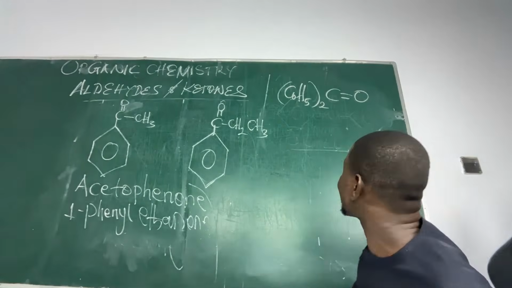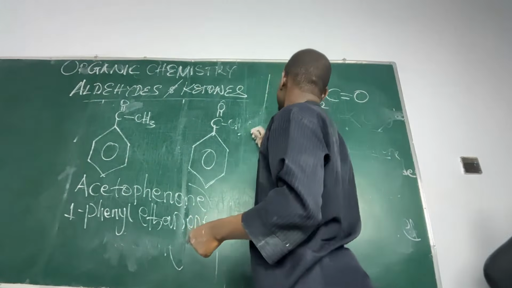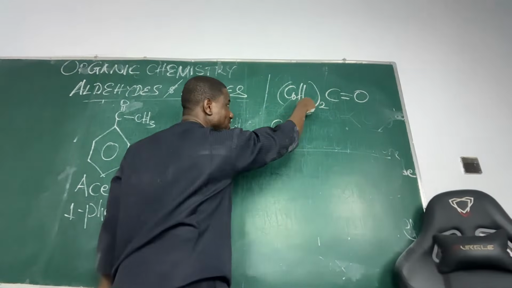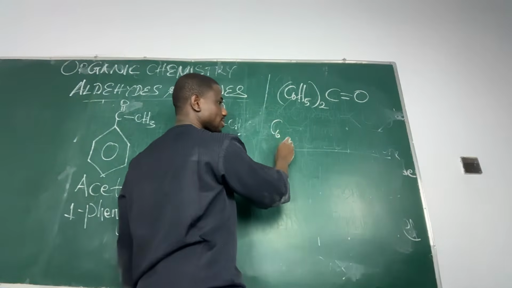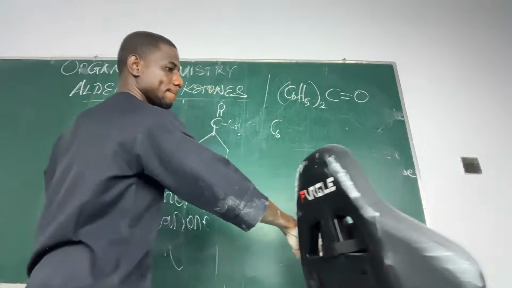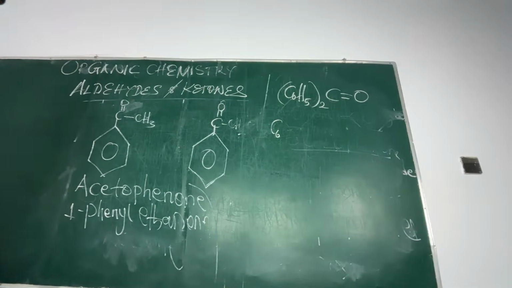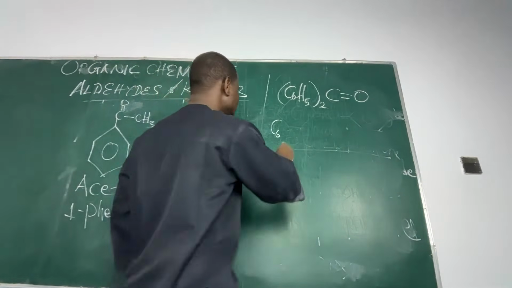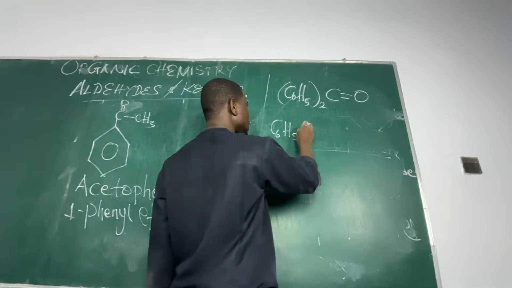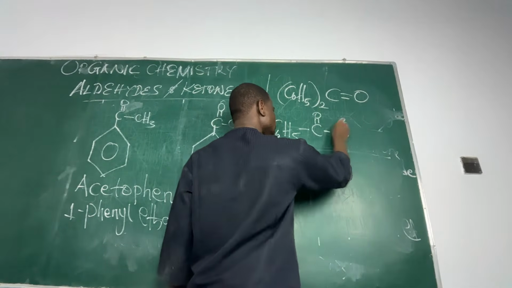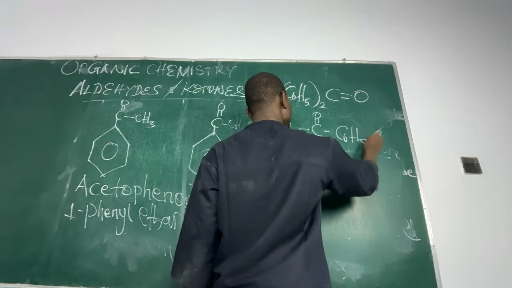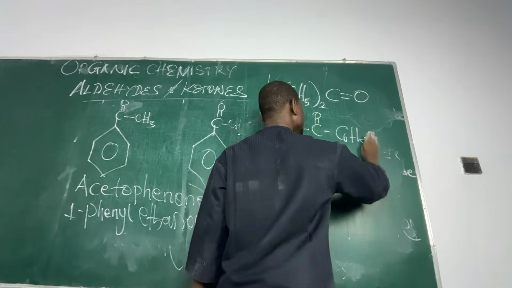The same C6H5 is in two places. It's the same thing as saying C6H5 bonded to C double bond O, with another C6H5 as well.